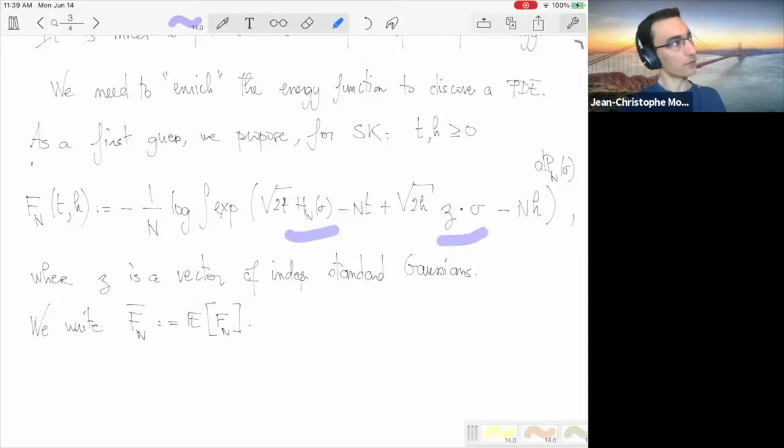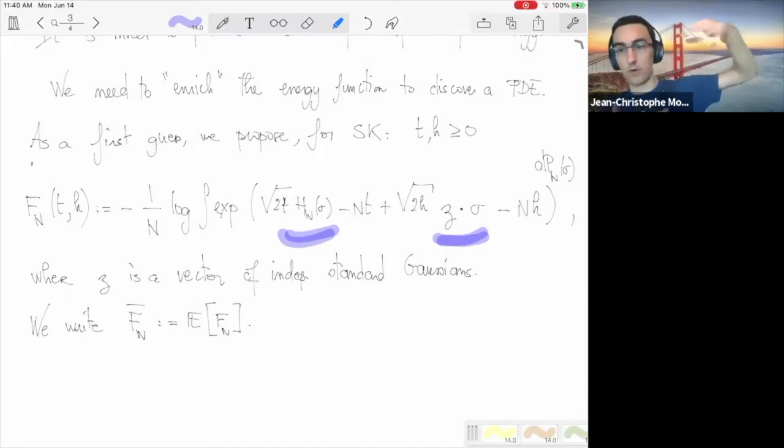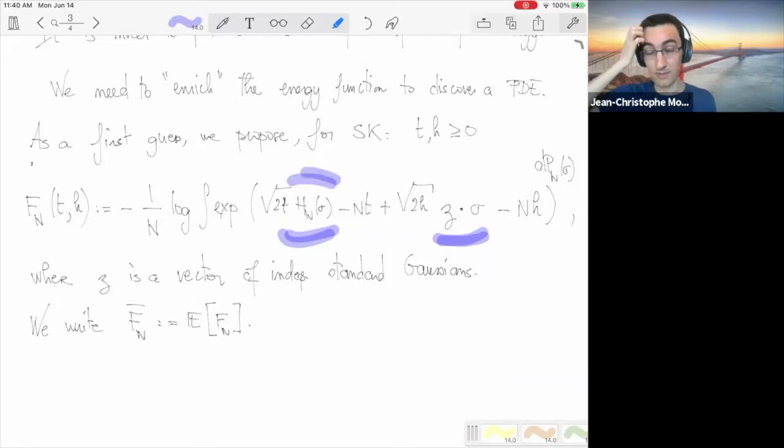And because ultimately what we want to say is that variations in T can be compensated by some variation in H here. And so maybe locally, each spin is subject to the random influence of the other spins as displayed inside this sum of j sigma sigma j.